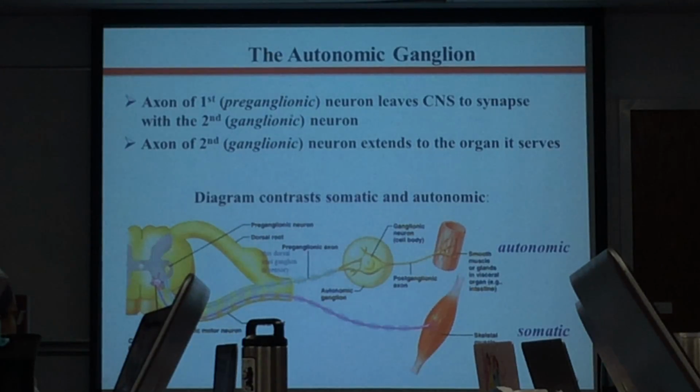So when there's an external stimulus, the neuron gets excited and acetylcholine is released at the nerve terminal, then acetylcholine is going to activate the receptor on the cell body of the second neuron.